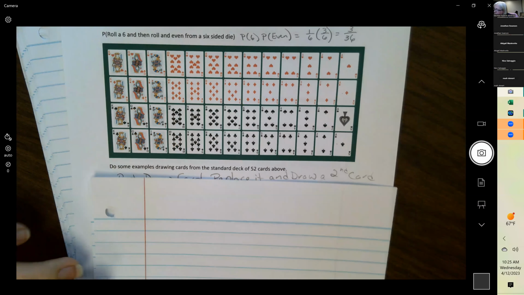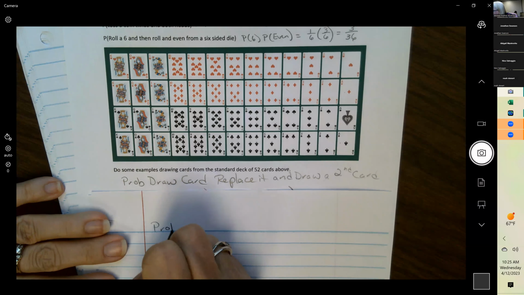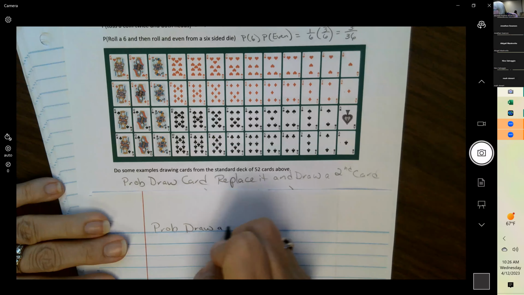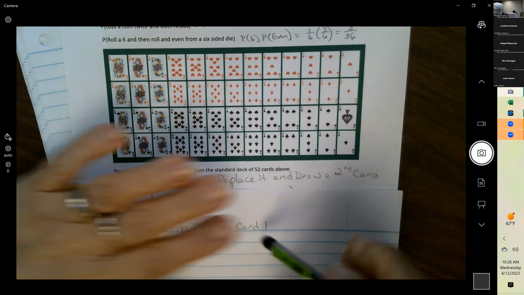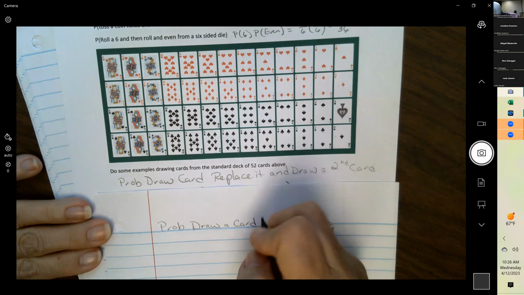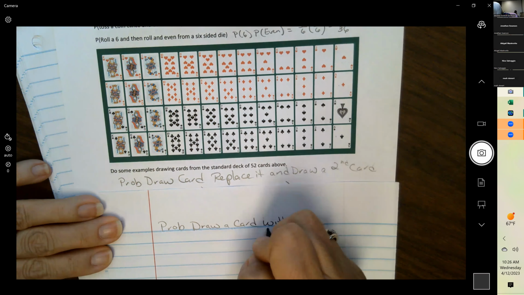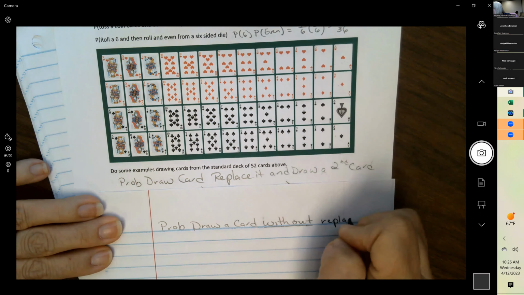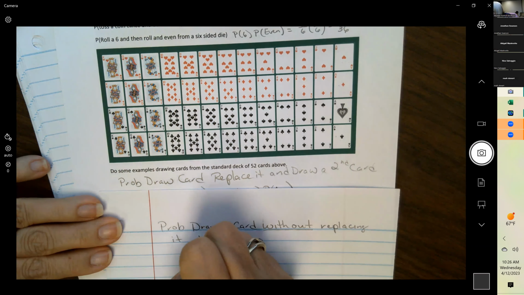Okay. What if instead we're finding the probability, draw a card without replacing it, draw another card.